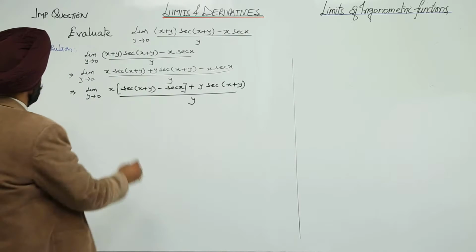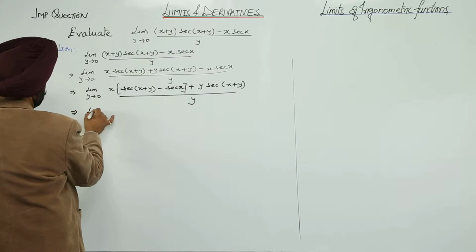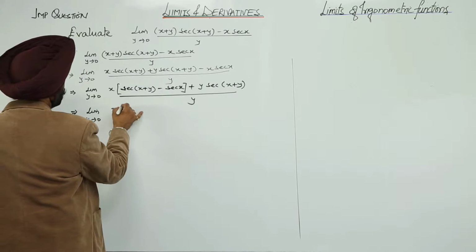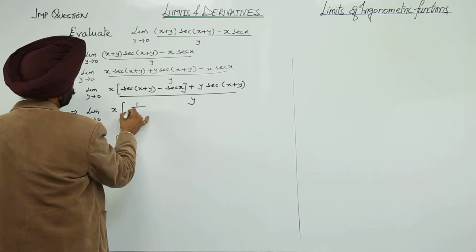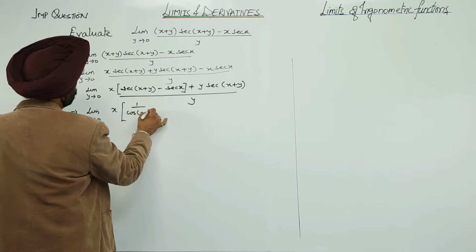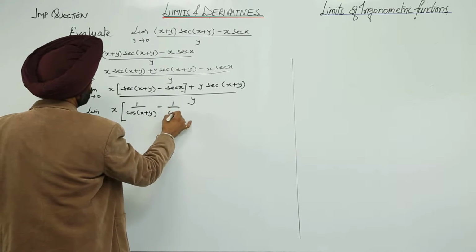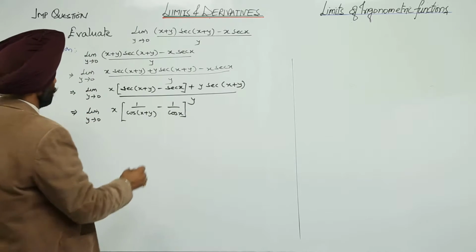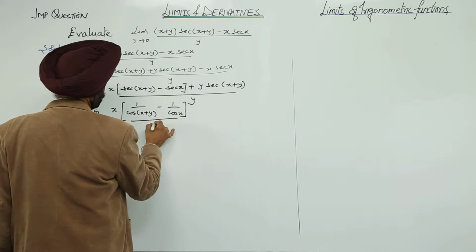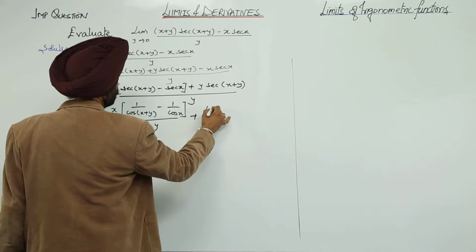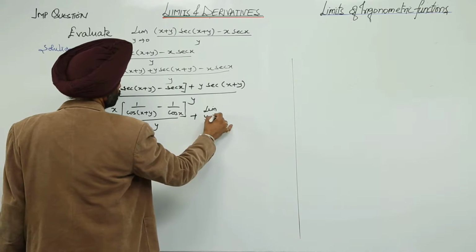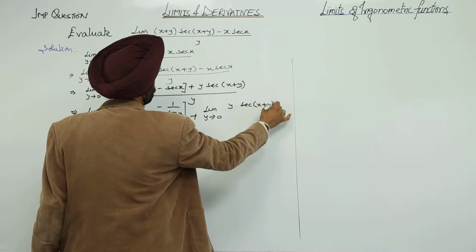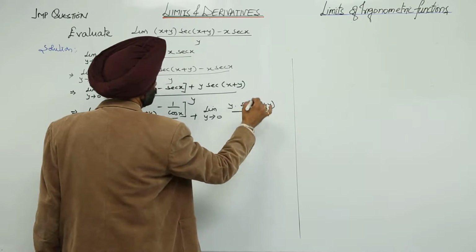Is it clear? Now limit y approaches 0, x times 1 upon cos x plus y minus 1 upon cos x, upon y, plus limit y approaches 0, y times secant x plus y upon y.